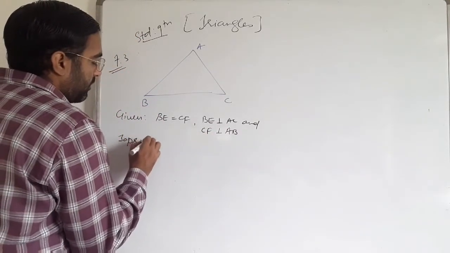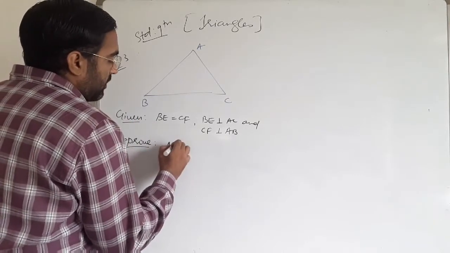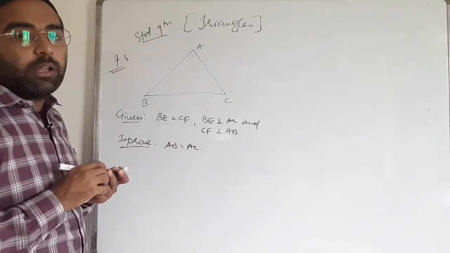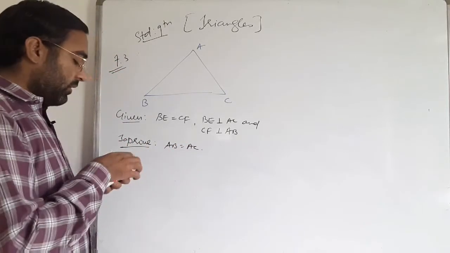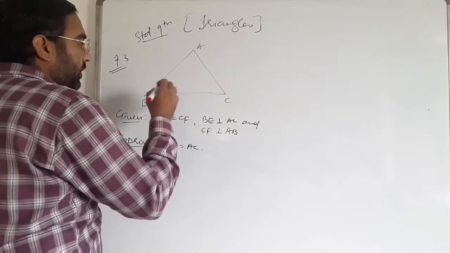To prove that AB is equal to AC, because triangle ABC is an isosceles triangle. For that we need to prove that both of the sides are equal.